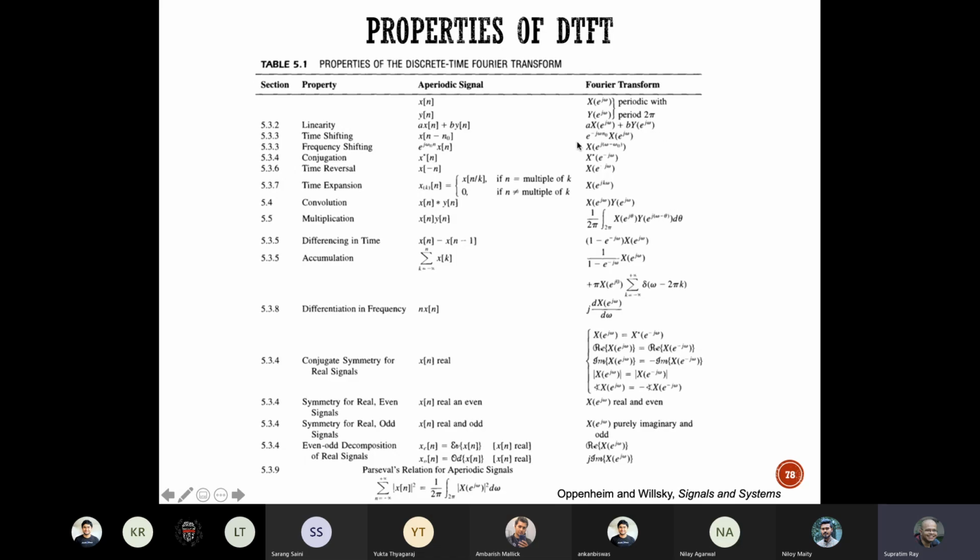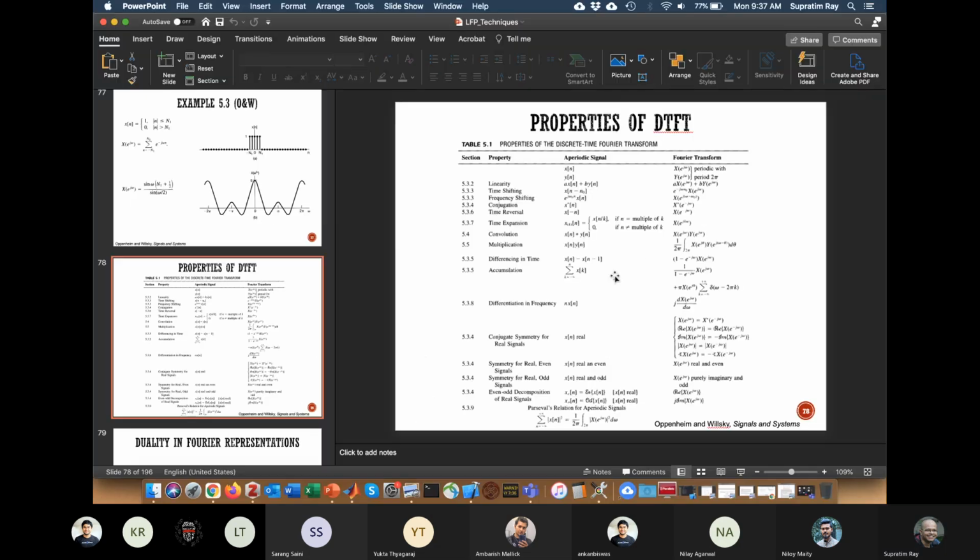So what happens to the amplitude of this as compared to the original amplitude? What's the absolute value of this? What's the absolute value of e to the power minus j omega naught, omega n naught?